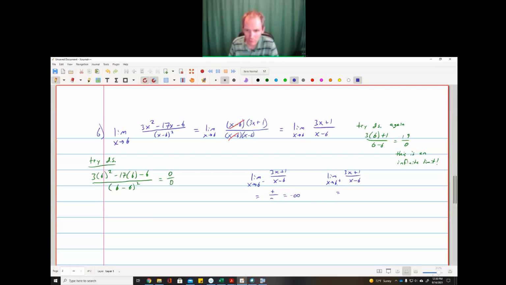And when we approach from the right, the numerator is still approximately 19. And in the denominator, I'm putting in x values a little bit bigger than 6. So when I subtract 6, I still have some positive left over. Okay, these don't match. So the limit as x approaches 6 of 3x plus 1 over x minus 6 does not exist.